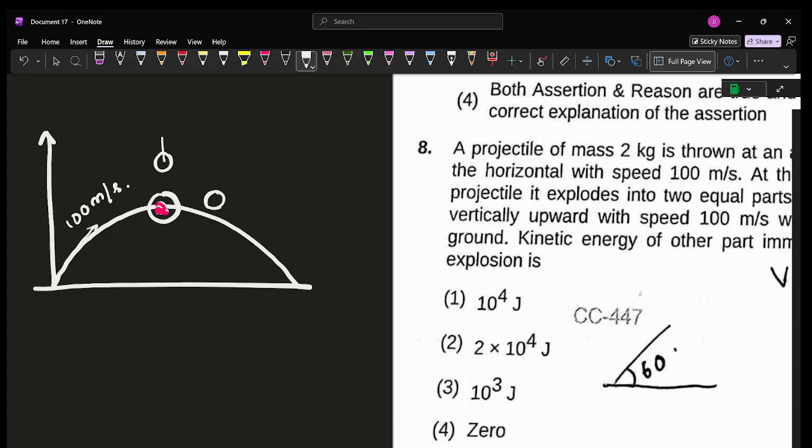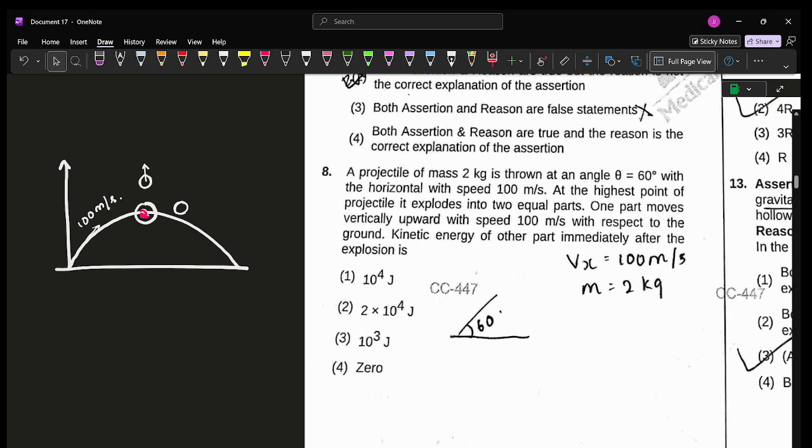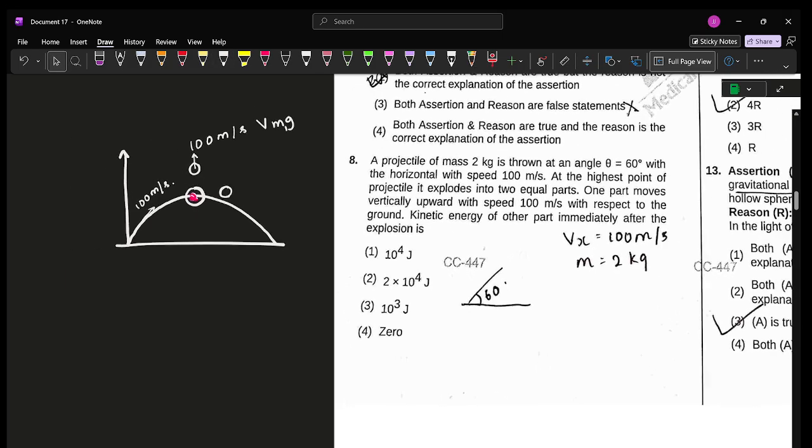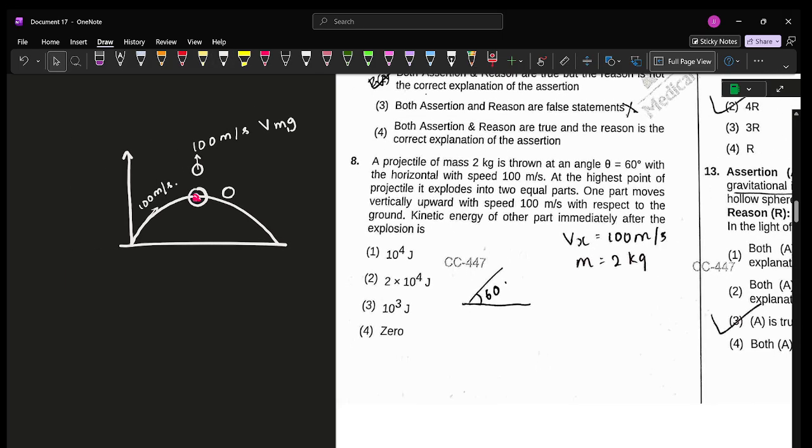But later this one goes with 100 meters per second vertically upward with respect to the ground. I need to find the kinetic energy of the other. It explodes into two equal parts, so this will be 1 kg, 1 kg.